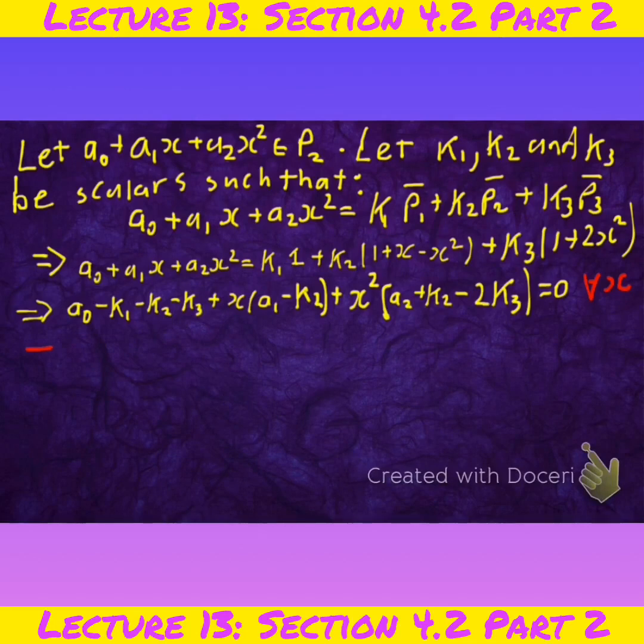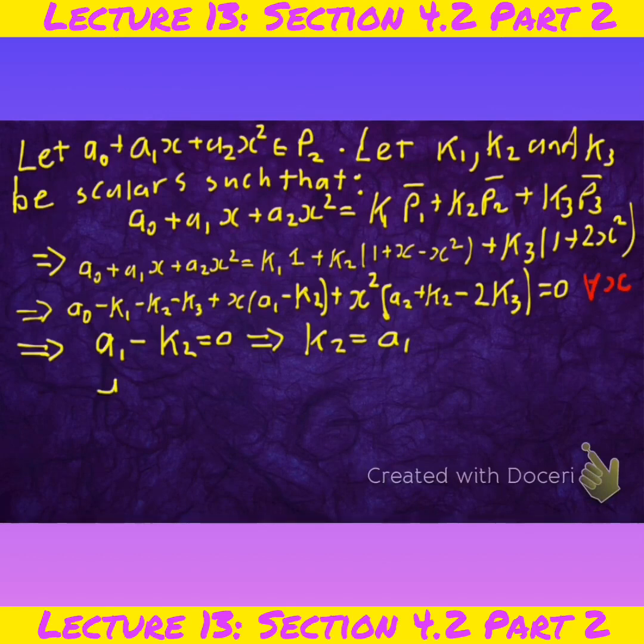That implies, first of all, that a1 - k2 is 0, which implies that k2 is equal to a1.